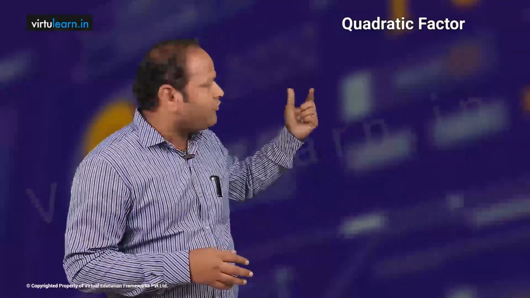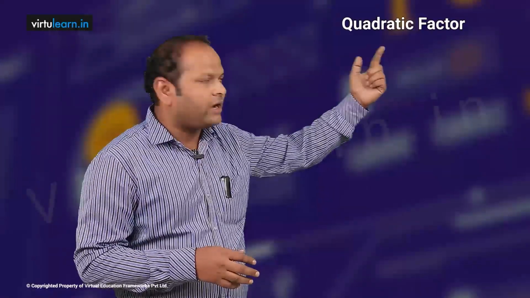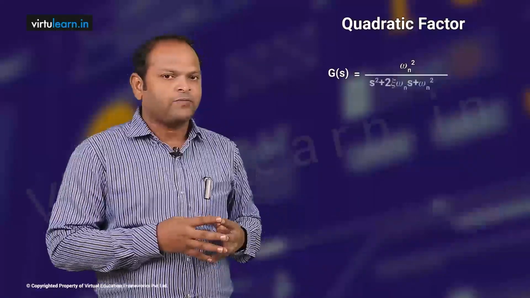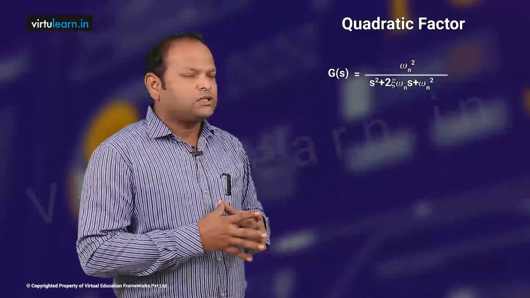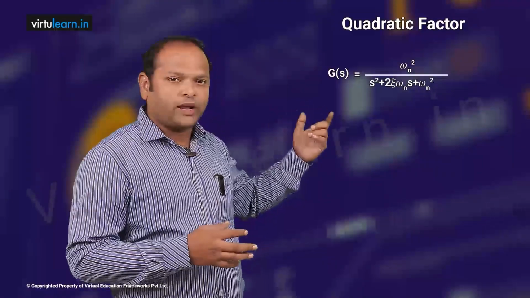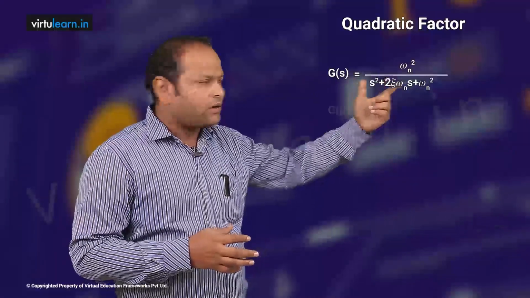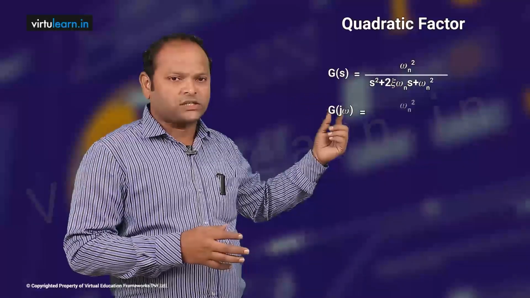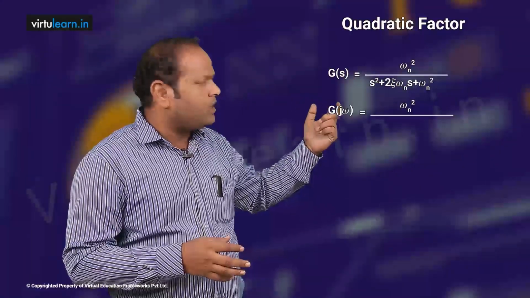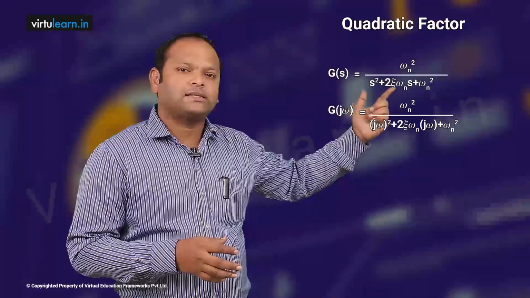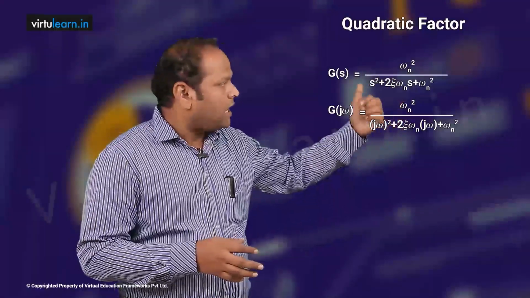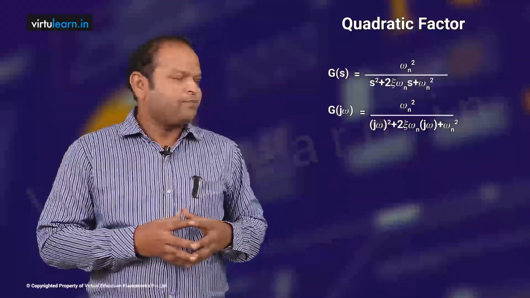Let us consider the quadratic factor G(s) = ωn² / (s² + 2ζωn s + ωn²). As we know, the first step is to substitute s = jω. When you substitute that, G(jω) = ωn² / ((jω)² + 2ζωn (jω) + ωn²).